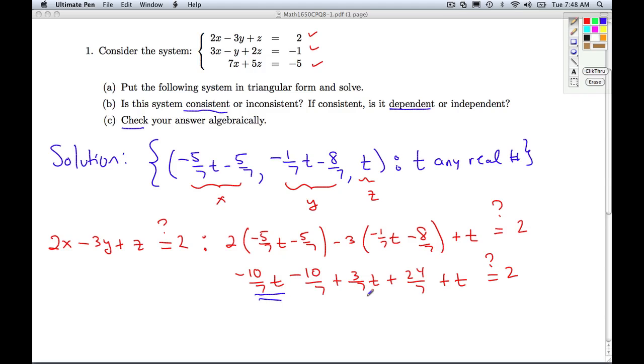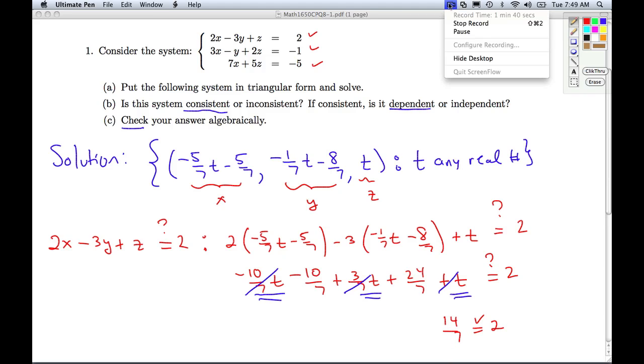I have negative 10/7 t plus 3/7 t gives me negative 7/7 t, which is negative 1 t, and that's going to kill off that t. So all the t's drop out, which is good. And what am I left with? Negative 10/7 plus 24/7 is 14/7, which sure enough is equal to 2. So that checks it in the first equation. 1 down, 2 to go.